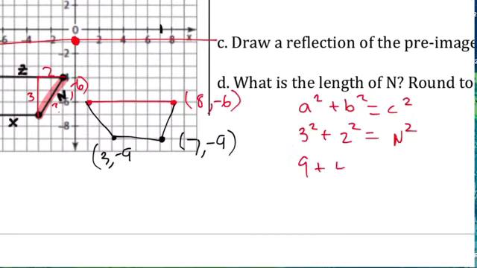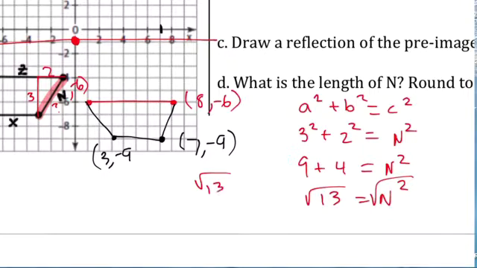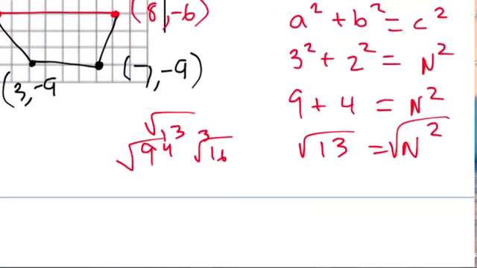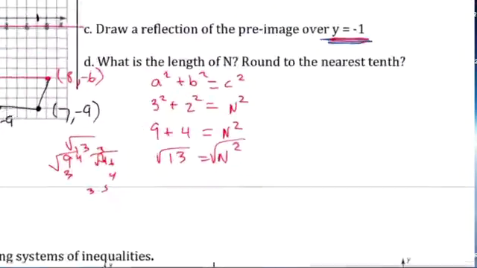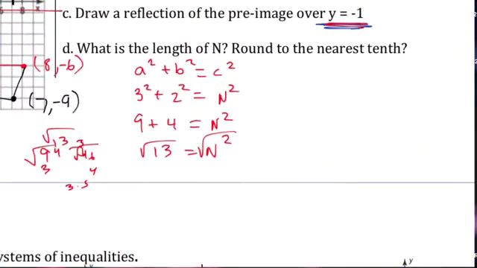9 plus 4 is 13 equals c squared. Take the square root of that. 13 is in between 9 and 16, right? Closer, obviously. 4 away, 3 away, in the middle, but close to this. So 3 and 4, so 3.5, maybe possibly 3.6. So we do 3.5 first, and 3.5 squared is 12.25, so it's possibly 3.6.